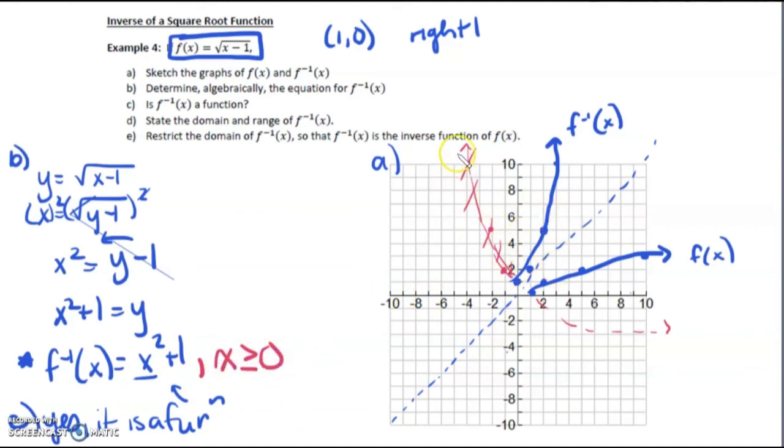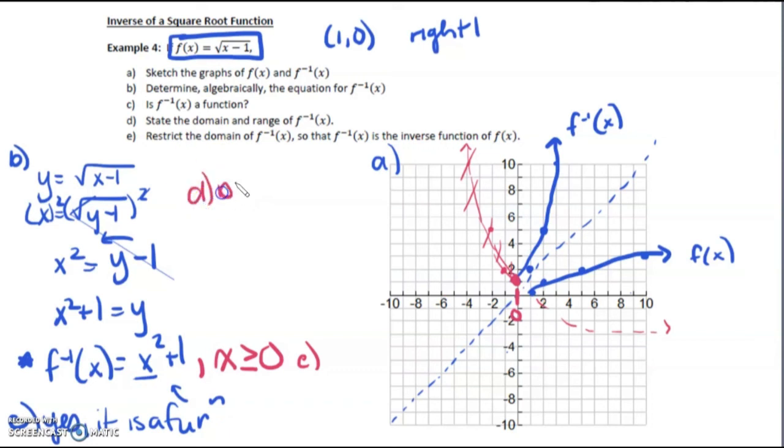And what that's going to do is take this quadratic and start it at 0, and it's just going to be that right wing of it. And that's part E. We would have to restrict the domain of f inverse so that f inverse of x is actually a function. When we're going through this algebraically, you have to be aware of this without actually seeing it graphically.